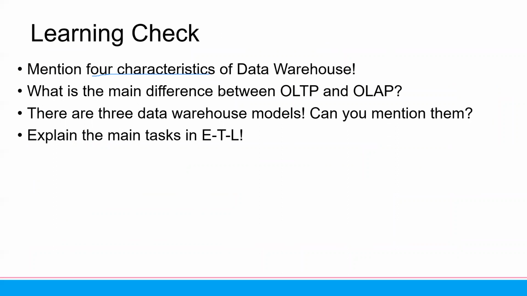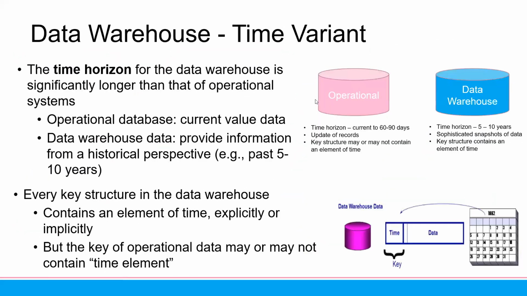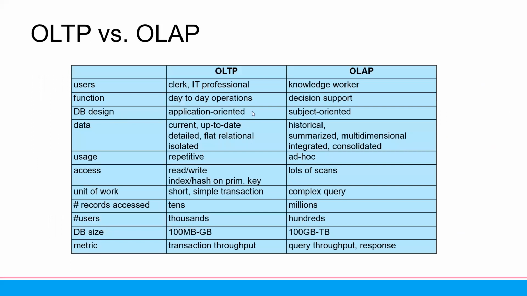So what is the main difference between OLTP and OLAP? There are so many differences, but the key difference is the function. OLTP is about the day-to-day operation. OLAP is about decision support.